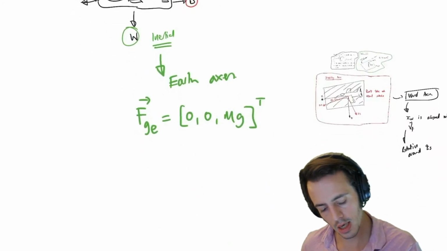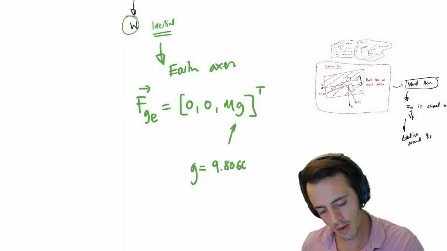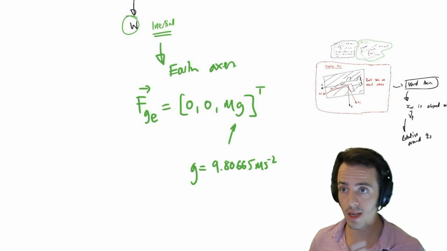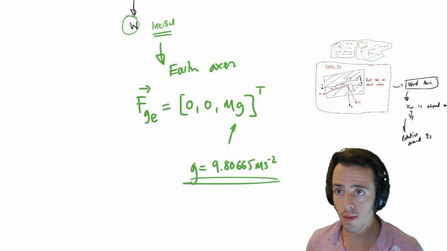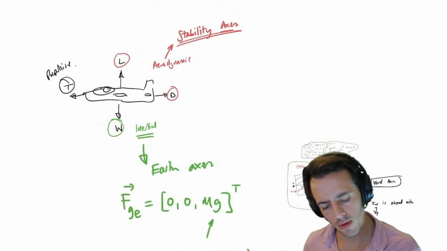Remember g is 9.80665 meters per second squared for this course. For flight mechanics, this is the agreed upon value of gravitational acceleration.